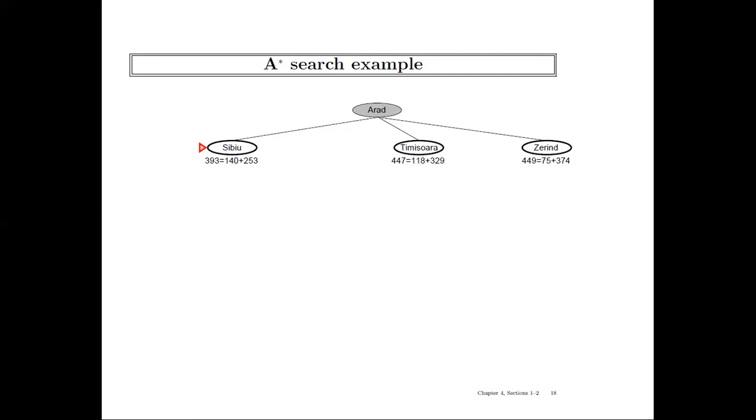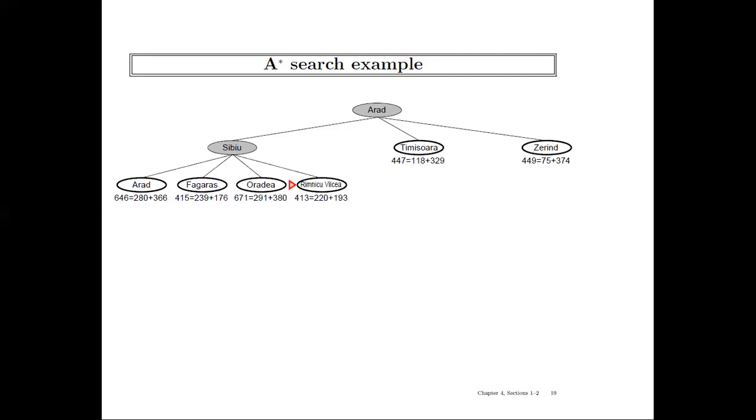So we explored Sibiu. When we explored Sibiu, we get four new states. One is called Fagaras, second is called Oradea, third one is called Rimnicu Vilcea, and fourth of course Arad itself. From Sibiu to Fagaras, the g(n) value is 239, h(n) value is 176.